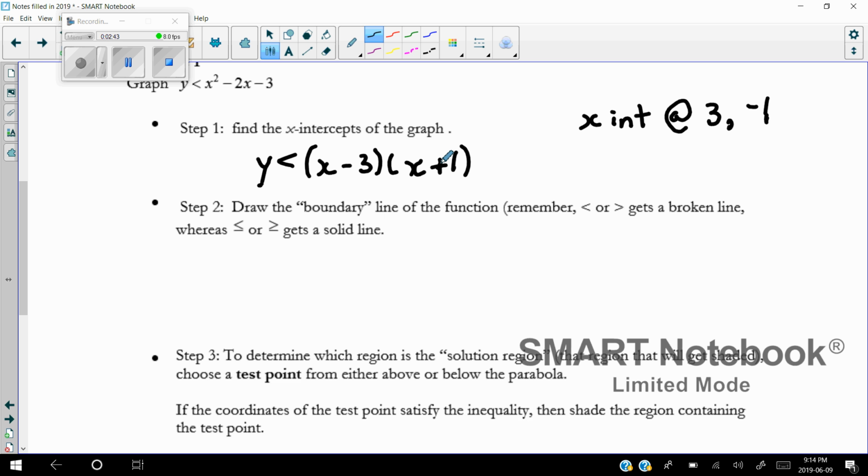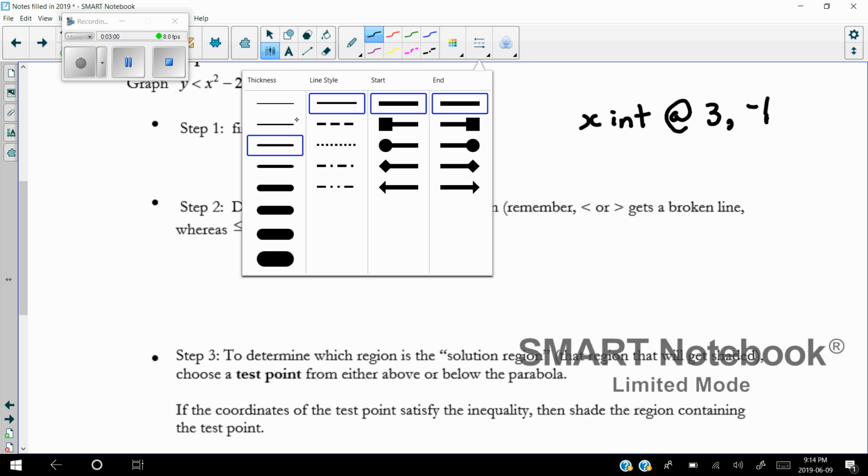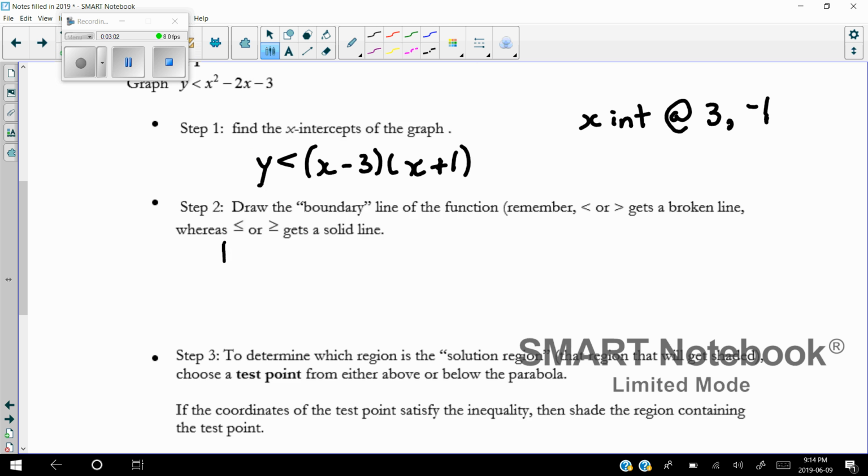The next step is to draw the boundary line of the function. Since it's less than, we get a broken line, whereas less than or equal to or greater than or equal to gets a solid line. I'll start by drawing my axes, then plot my points: my x-intercepts, one at -1 and one at +3, just approximating.